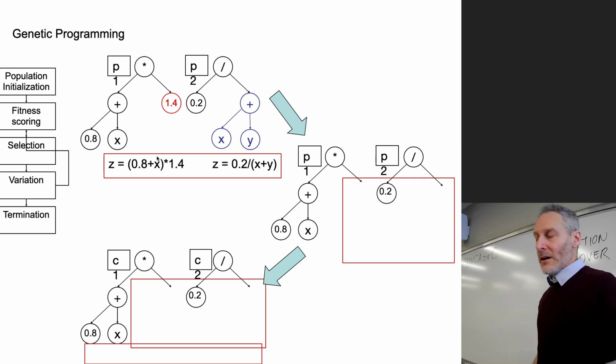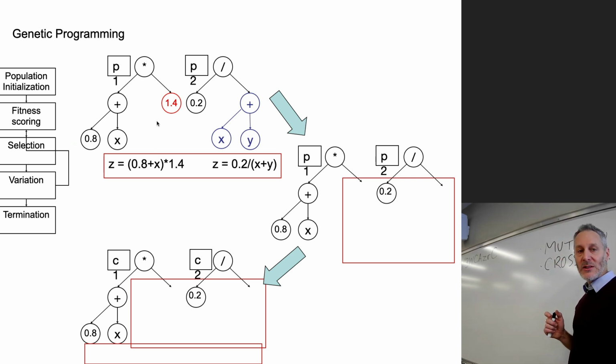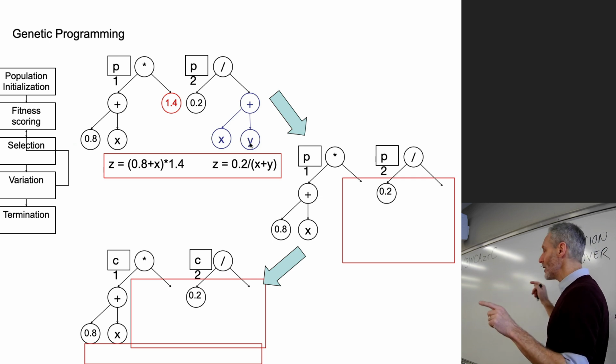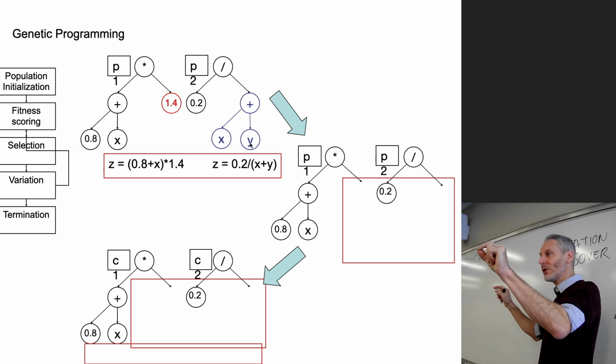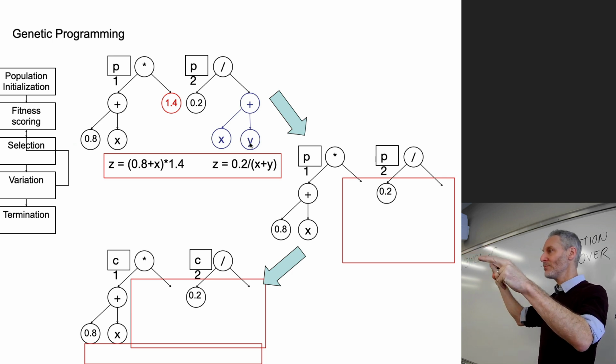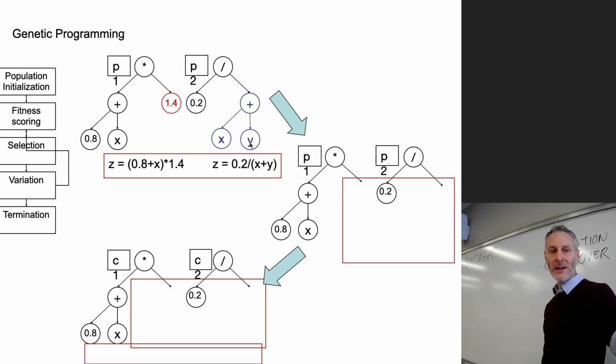Okay. You can see I've already set us up to discuss crossover. Crossover requires 2 parents. So here's P1 and P2. In order to embody crossover, we need to choose a location in parent 1 where we're going to make a cut, and we need to choose a point in parent 2 where we're going to make a cut. In this case, we've chosen to cut P1 here and cut P2 here.